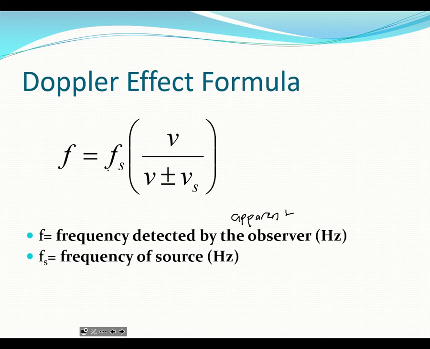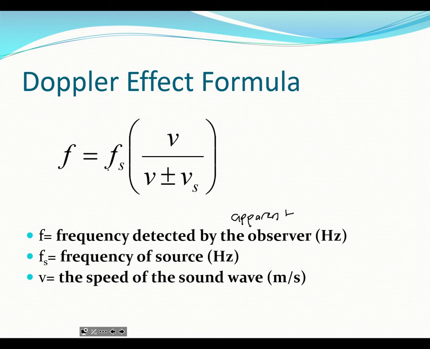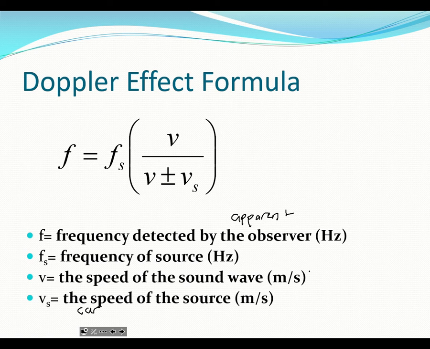So yeah, they're both F, and it's kind of confusing. And then we have two V's in here. V is the speed of the sound wave, and then Vs is the speed of the source. So this would be the speed of the car, and then this would be the speed of the wave. Okay, very confusing.